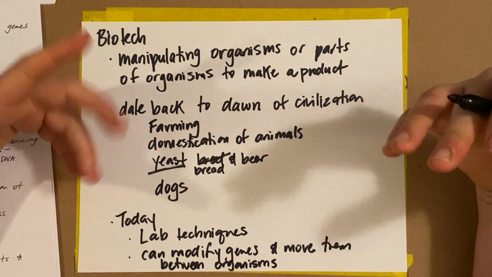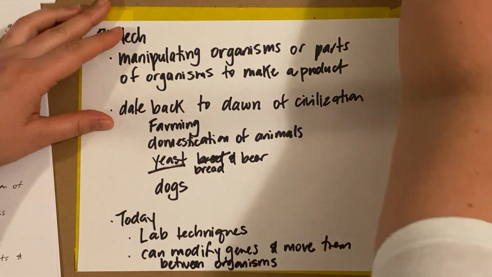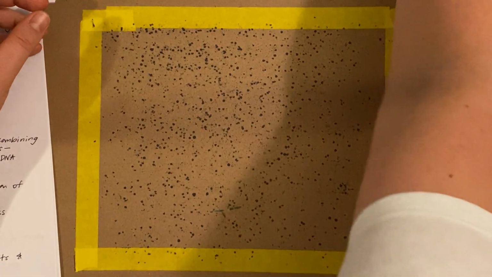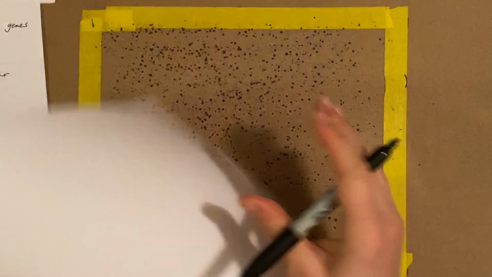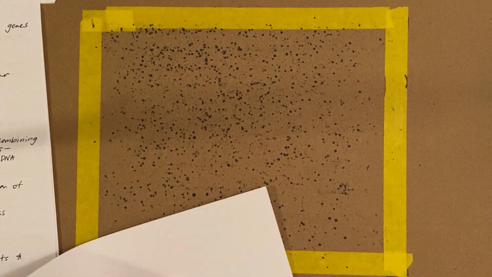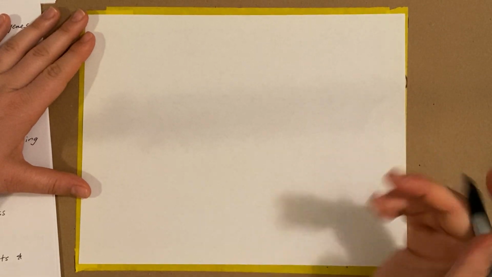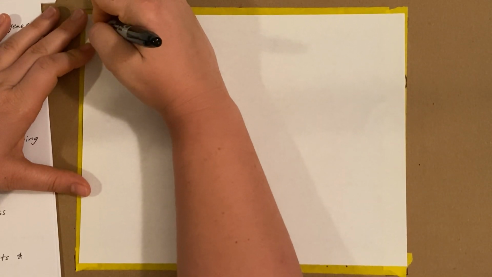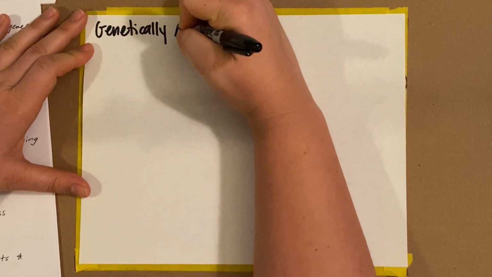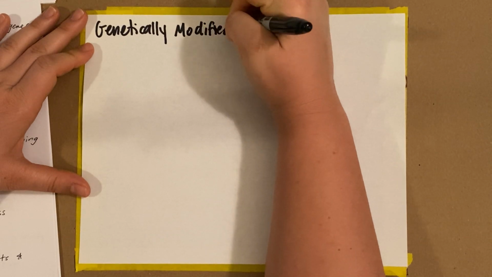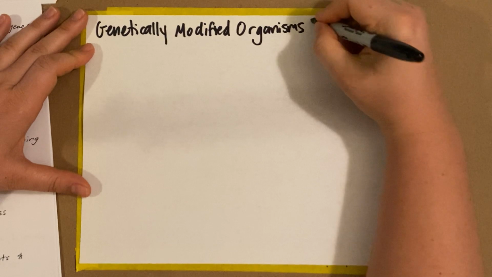So there's a lot of terminology when it comes to this kind of DNA technology, and so I'm going to be talking about specific different terms right now. And so this first term, and this is probably something that you've either heard or have seen on food packages, is the idea of genetically modified organisms, or GMOs.